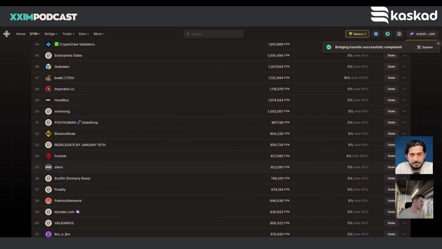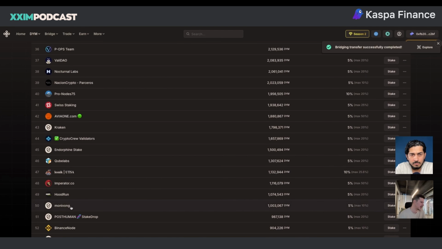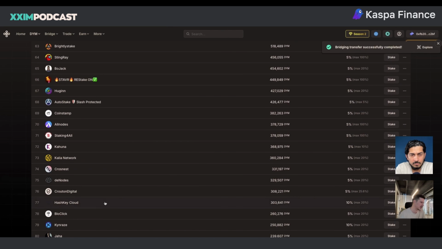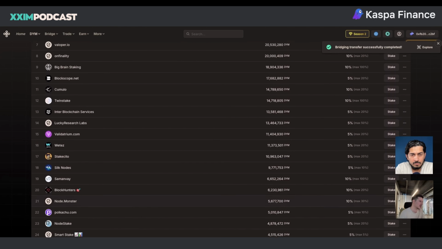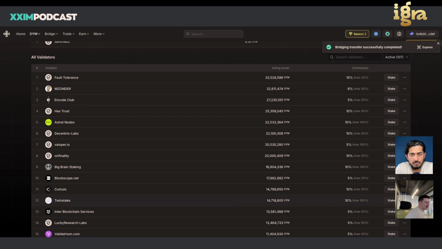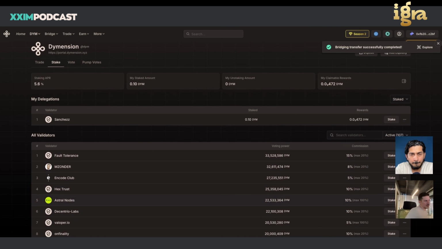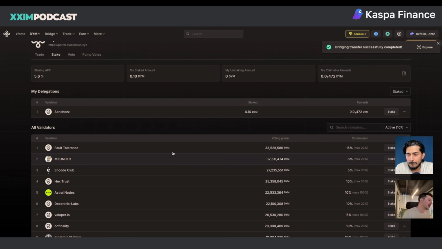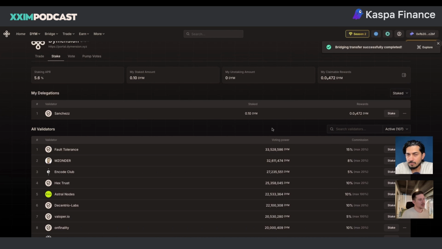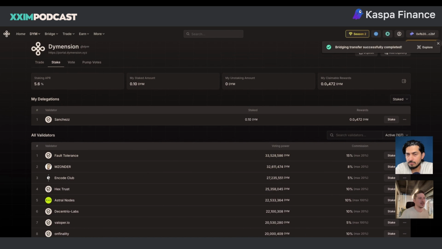In terms of the subset, we have Binance as a validator, we have Kraken as a validator, we have all sorts of validators on Dymension. The ideal is to have each one of the validators able to observe the Kaspa escrow address and sign their attestation that the funds are there or not there, right?